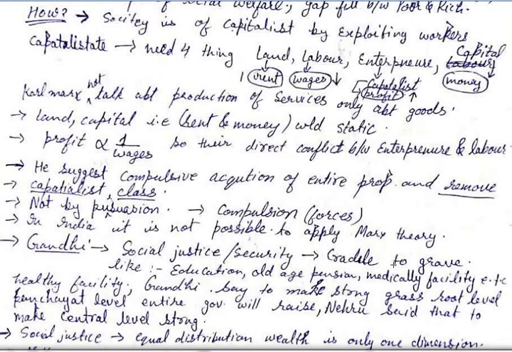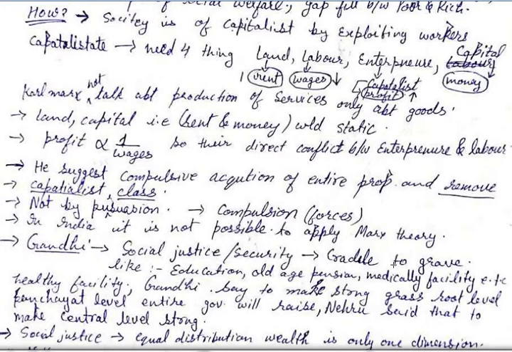Womb to tomb, जब से पैदा होते हो, गर्भ धारण होते हो, गर्भ में रहते हो, तब से मरने तक, जब से पालने में होते हो तब से कब्र में जाते हो तब तक there has to be a security throughout. That is the idea of social justice in India.